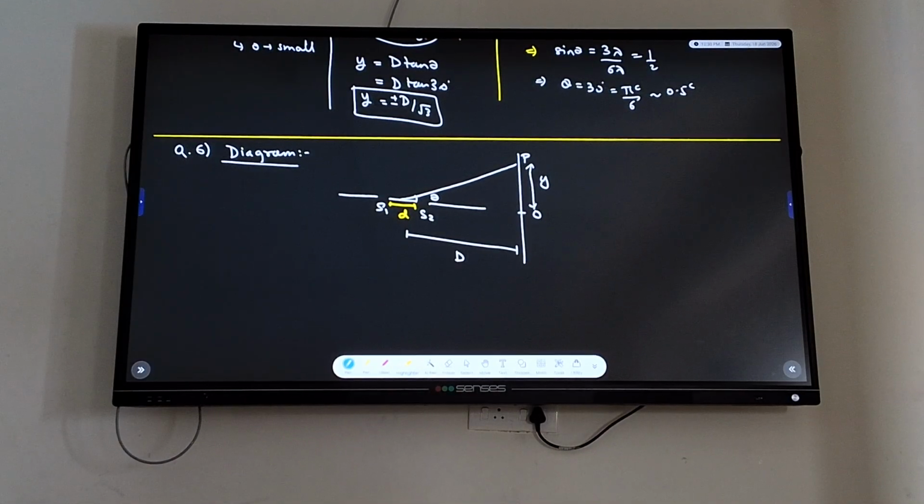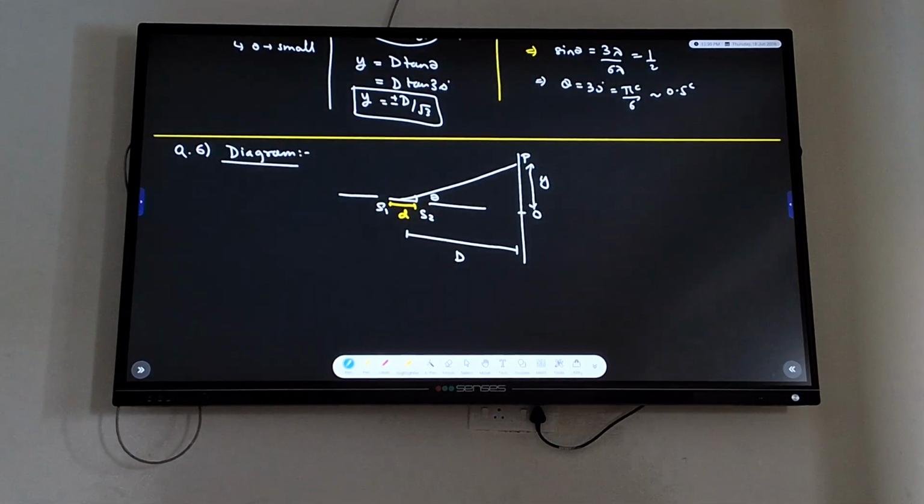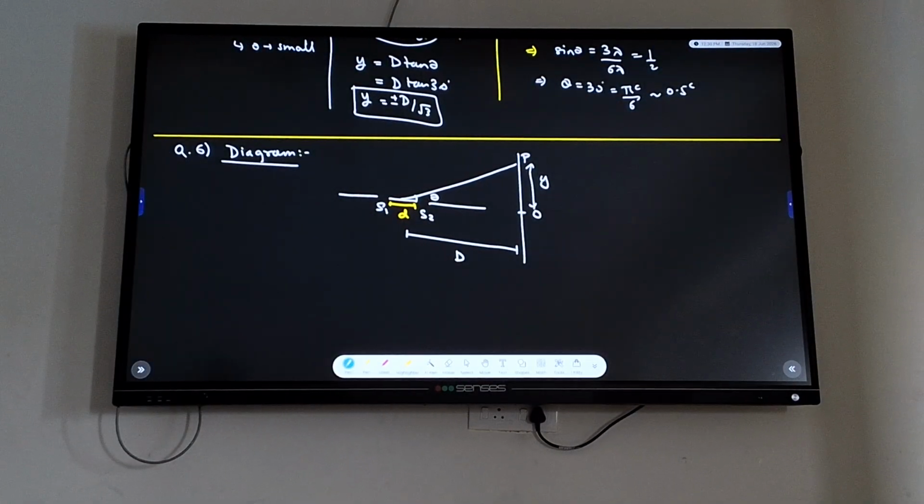Because there is a central maxima, and that makes the whole thing odd. Yes, how many maximas? 7. Minimas? Then do the second part of the question.